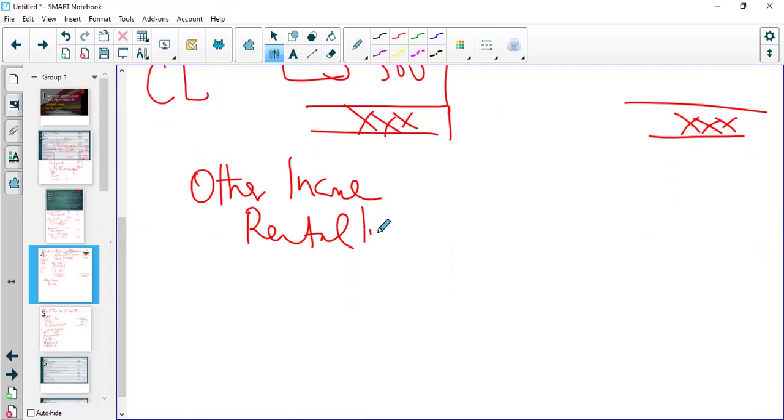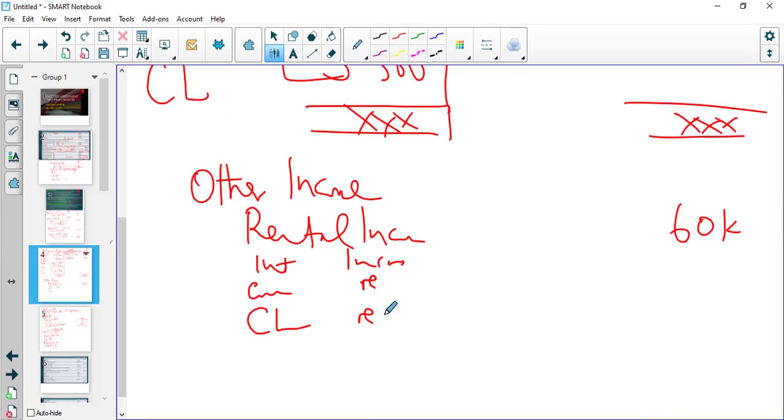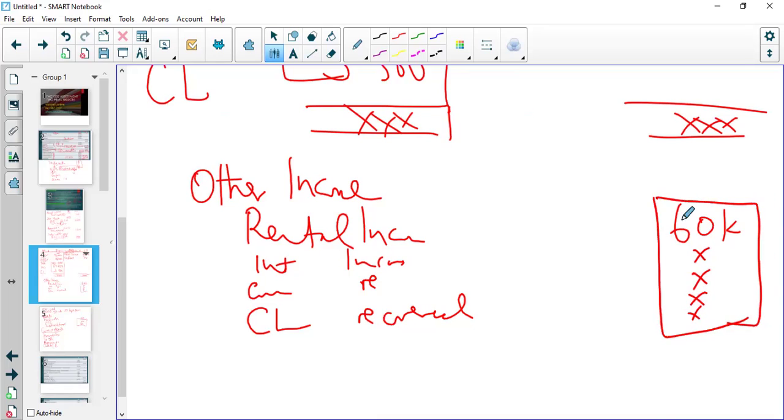You could have other incomes here like interest income, commission received, credit losses recovered, if the question has those things. Then you have your total for other income.